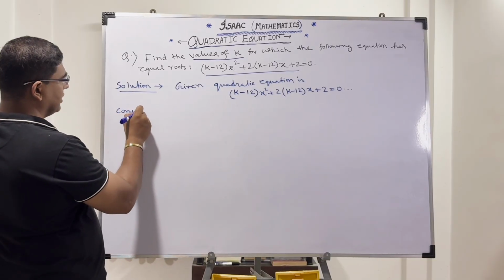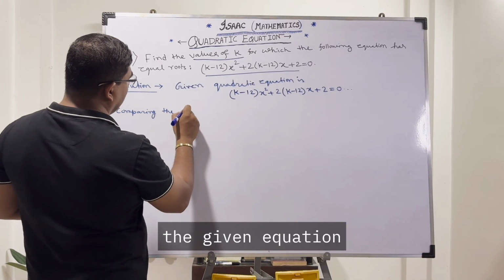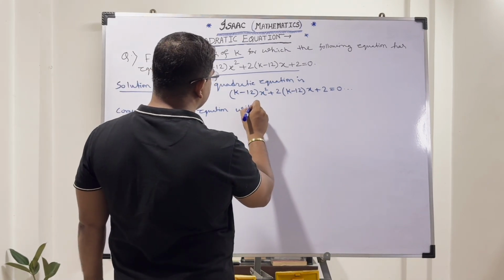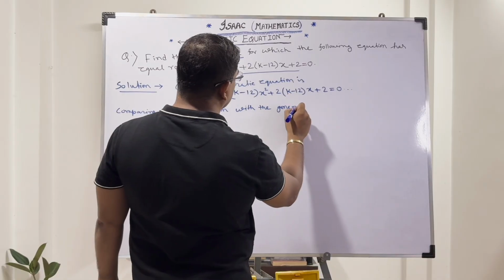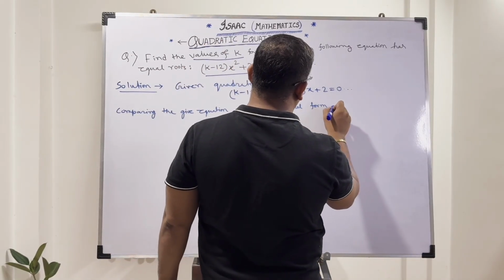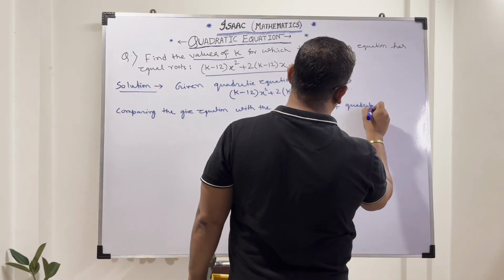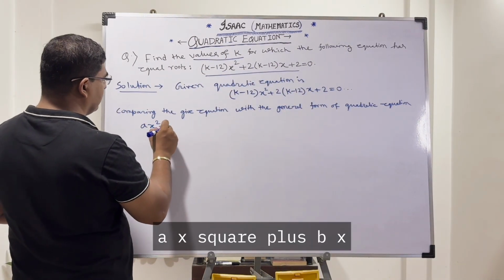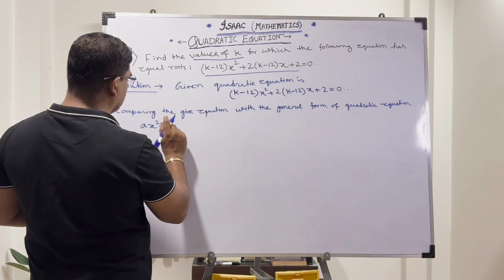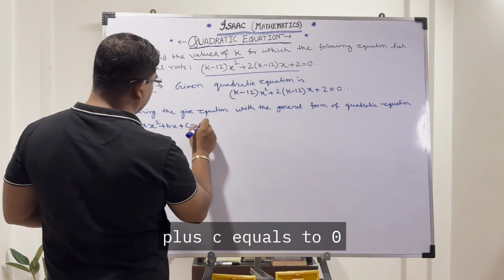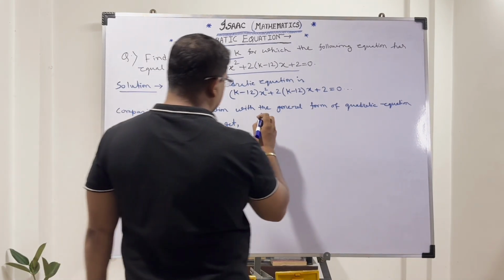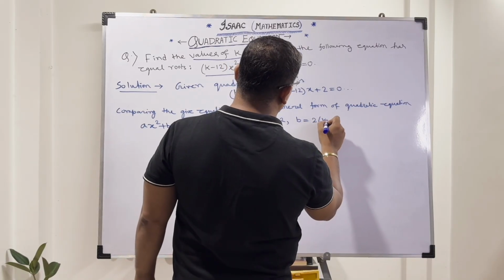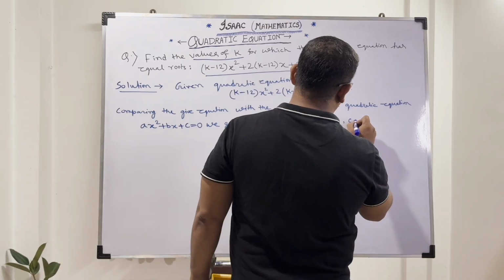Comparing the given equation with the general form of quadratic equation ax square plus bx plus c equals 0, we get a equals k minus 12, b equals 2 into (k minus 12), and c equals 2.